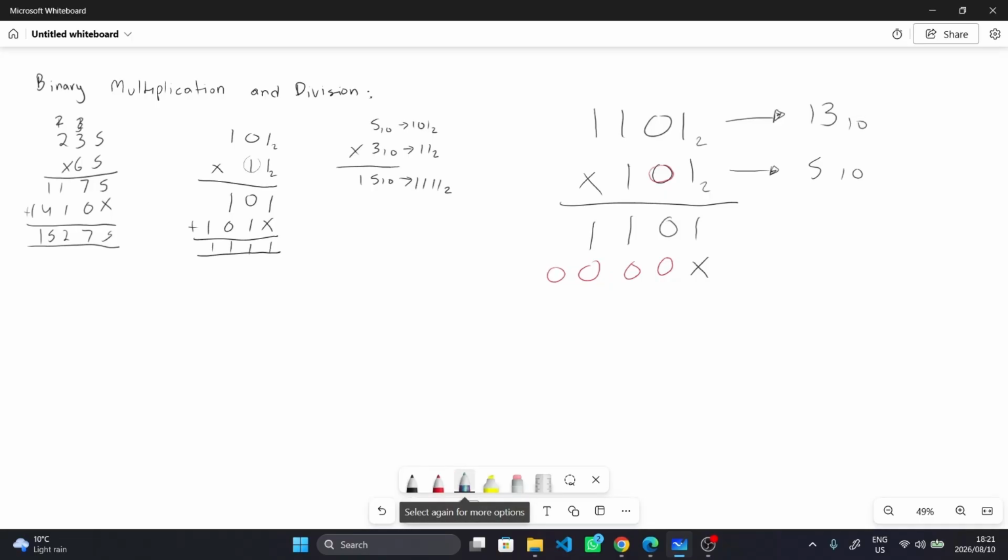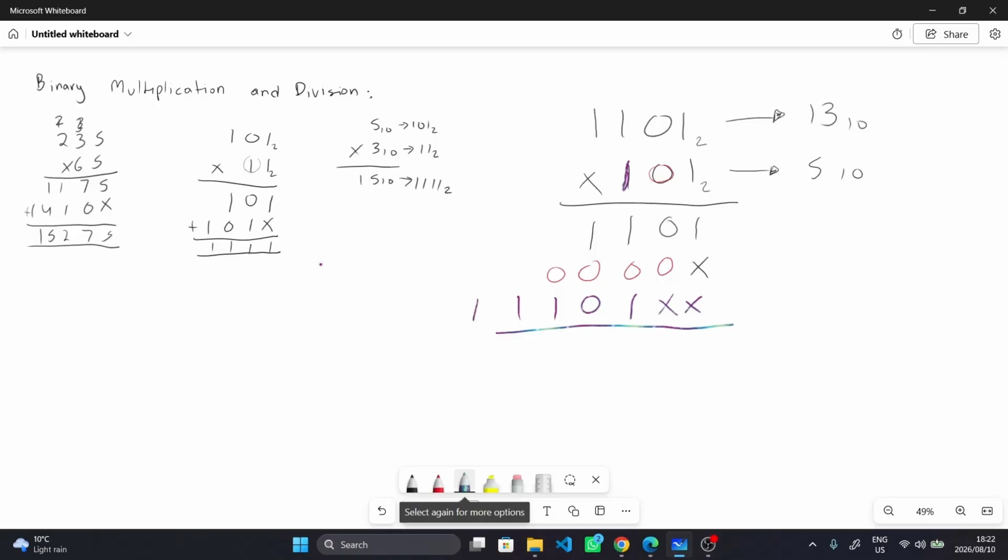And then we follow the same for this one here. So 1, and this time we skip 2 places, right? If you remember the basic rule of long multiplication, so we again do 1 times 1 is 1, 1 times 0 is 0, 1 times 1 is 1, and then 1 again.